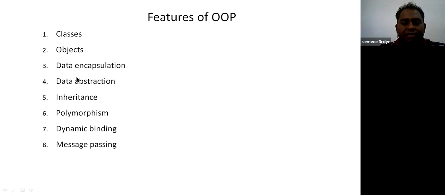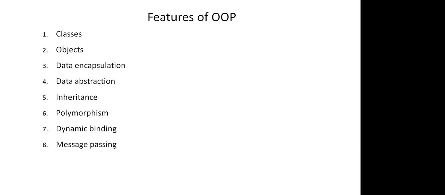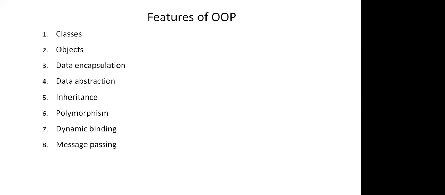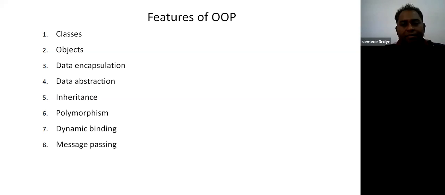So data abstraction means using the essential features without its implementation. So what is an abstraction? Abstraction refers to the act of representing the essential features without including the background details or explanation.